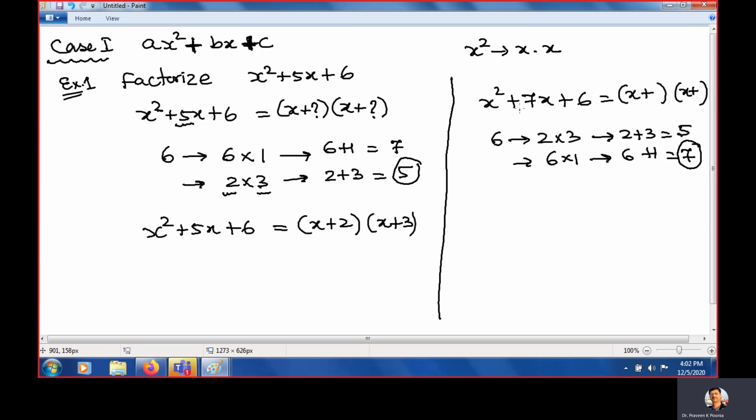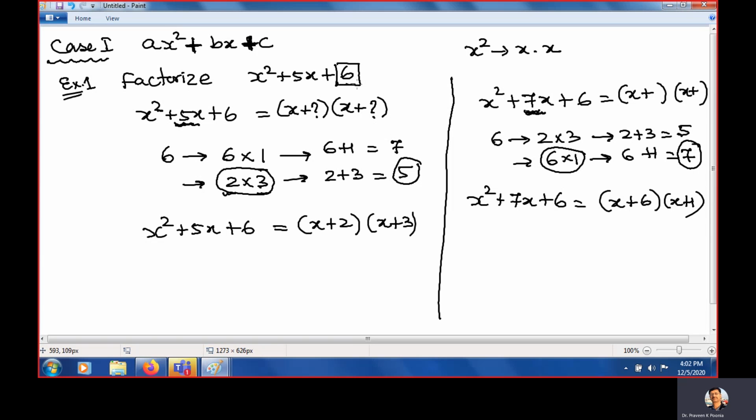Here we are going to use 7 because in the middle term it is 7. So what is the answer? Answer is x square plus 7x plus 6 is equal to x plus 6 and x plus 1. So look, if in the middle it is 5, we use 2 and 3. If in the middle it is 7, we use 6 and 1. That is the property. You need to find the factors of this and then sum both the factors and check where the sum matches this number.